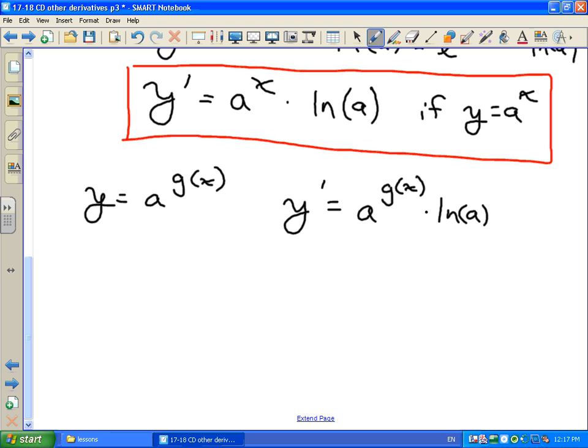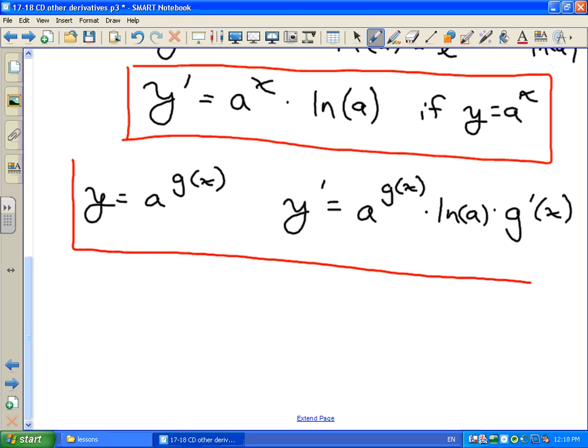And then we still have the chain rule, which tells us we have to multiply by the derivative of that inner function. So if we've got a to the g of x, our derivative is y prime, which is equal to a to the g of x times ln a times g prime of x. And that is the last rule that you need to know in this unit.